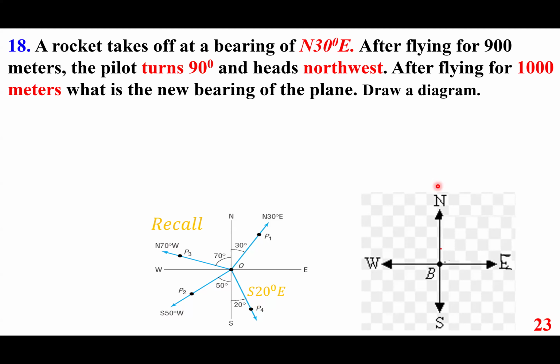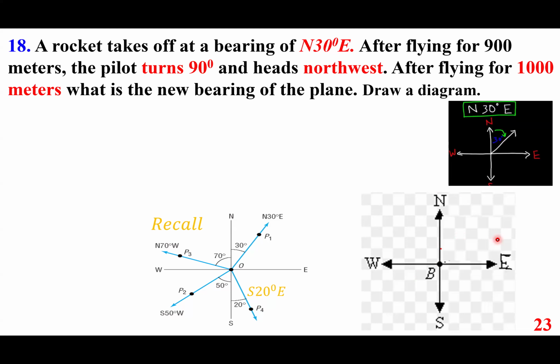So what's happening? So we have this. And so a rocket is going north 30 degrees east this way. So north 30 degrees east is this way. This is the angle.